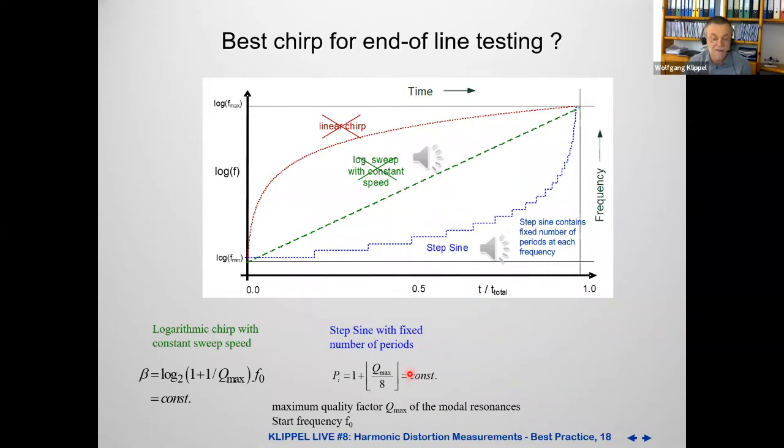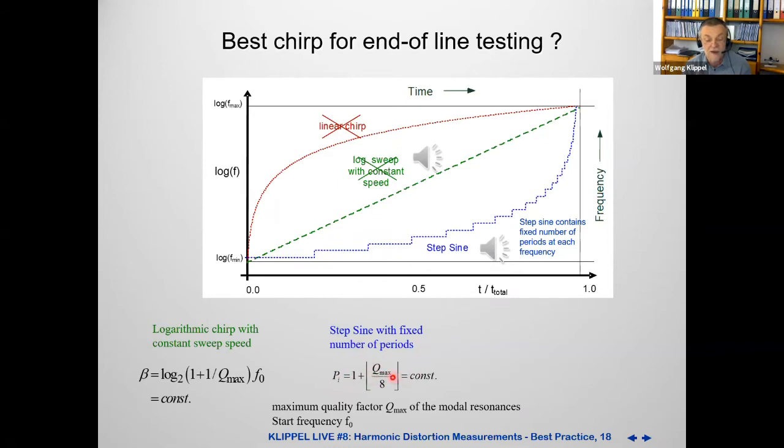And here you see a very interesting result: each period becomes shorter with the frequency, but we can calculate the length which we need depending on the Q factor.